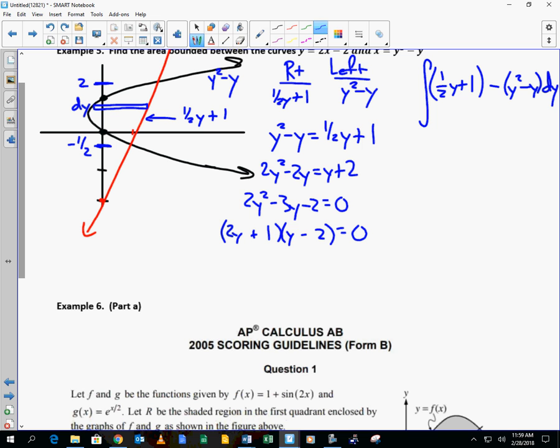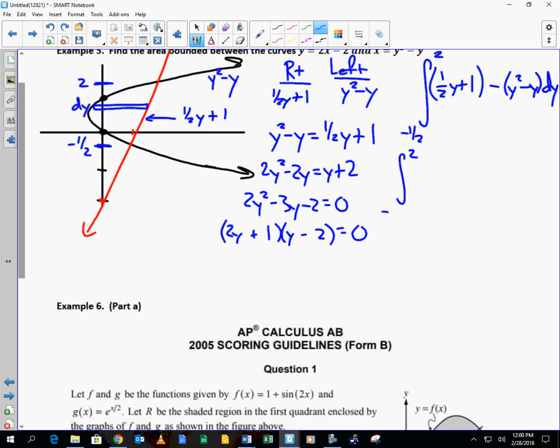So it looks like negative 1/2 is going to be the y value here, and positive 2 is going to be the y value up there. Okay. We go from negative 1/2 to positive 2. Sweet. You ready? Let's do it.